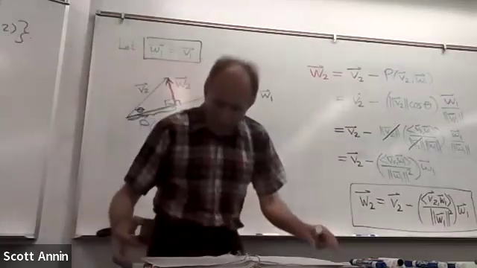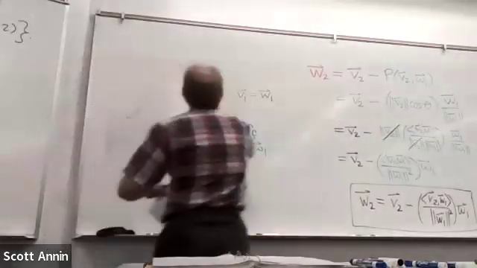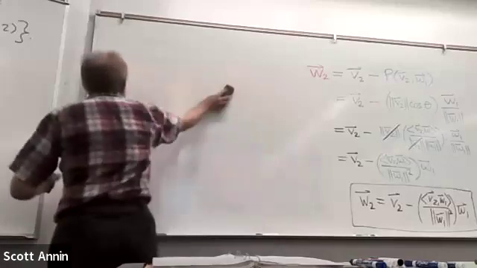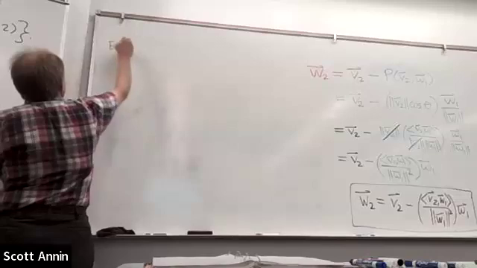Let's do one more example and then we'll take a break, okay? And then we'll be done with chapter 5 too. So let's try one more. All right, so let's do this example.